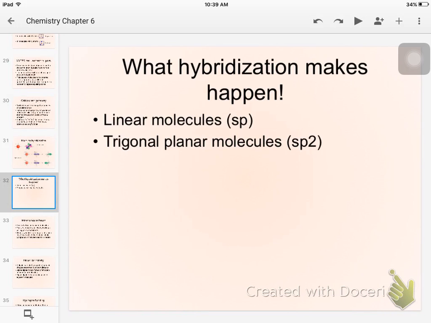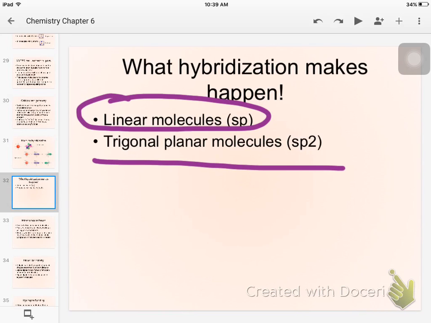Okay, so hence, linear molecules are the result of an sp hybridization. Trigonal planar molecules are the result of an sp2 hybridization.